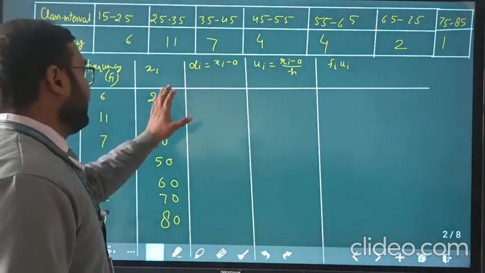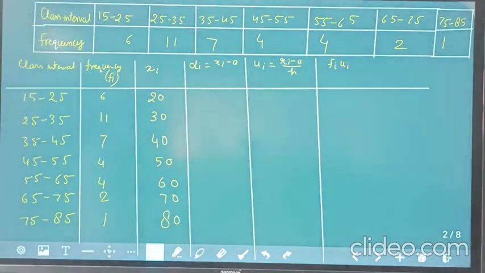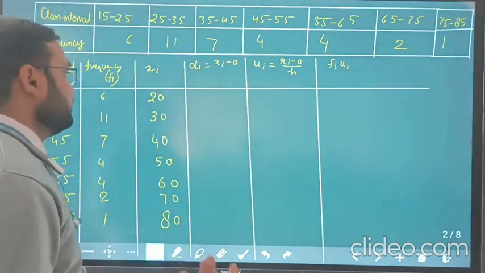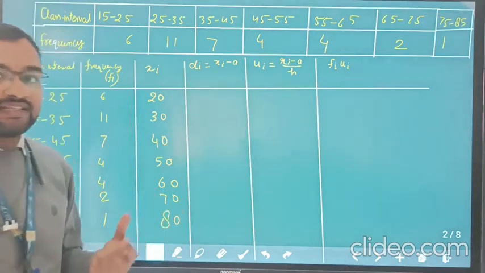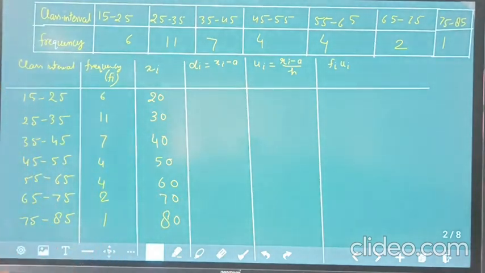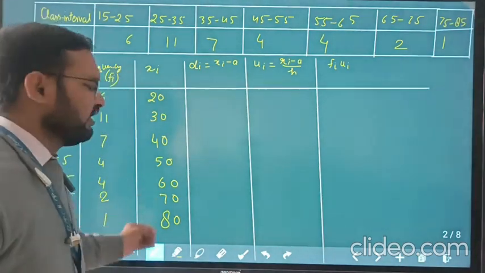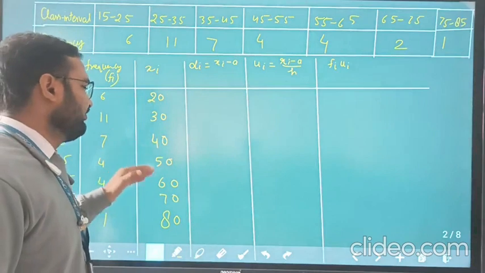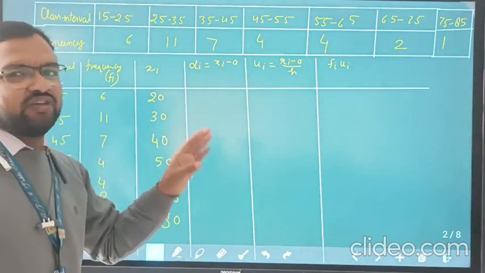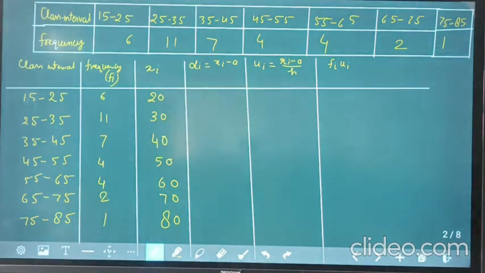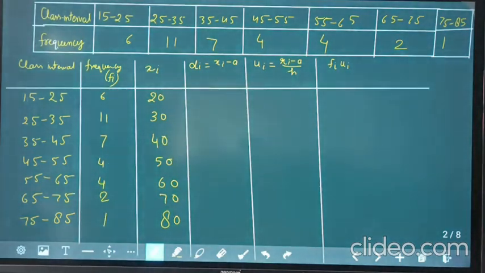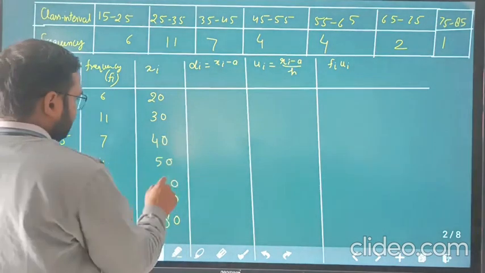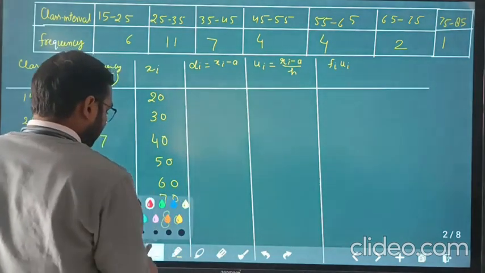Now we are going to find di. First of all, we have to consider any value of xi as the assumed mean. You can use any of the given values as a: 20, 30, 40, 50, 60, 70, 80, any one value you can use. Now here I am going to consider 50 as the middle, 50 as the value of a.